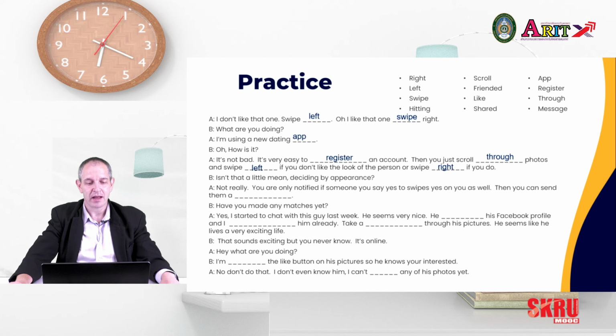Isn't that a little like deciding by appearance? Not really. You're notified when someone swipes yes on you as well. Then you can send them a message, sometimes called a DM. Have you made any matches yet? Yes, I started to chat with this guy last week. He seems very nice.